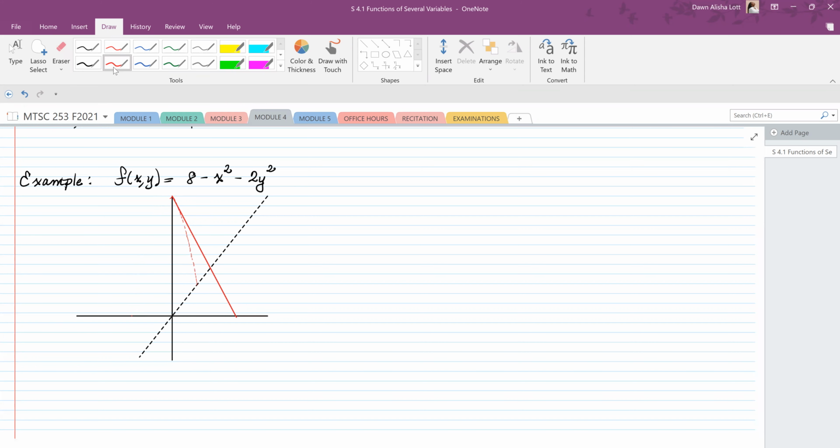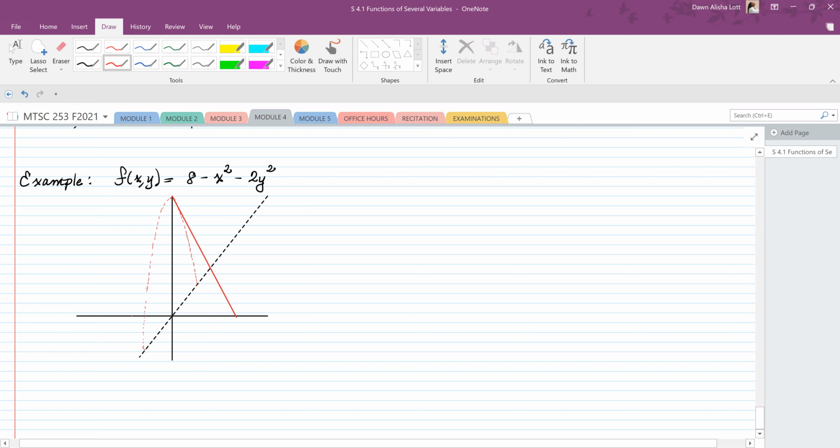And that one's actually supposed to go all the way to the x-axis. Okay, there we go.